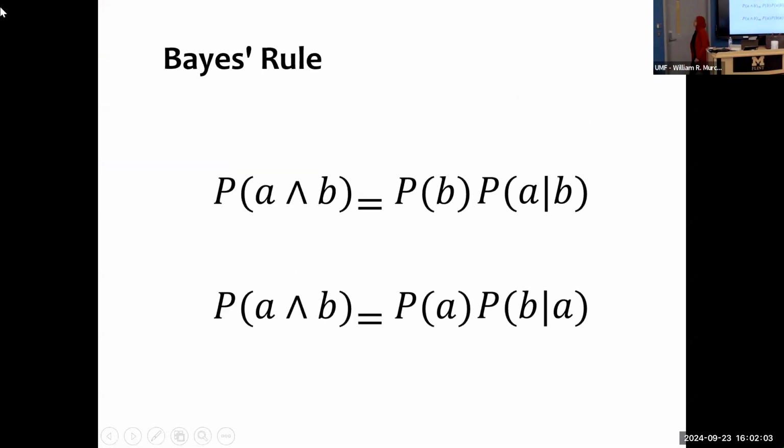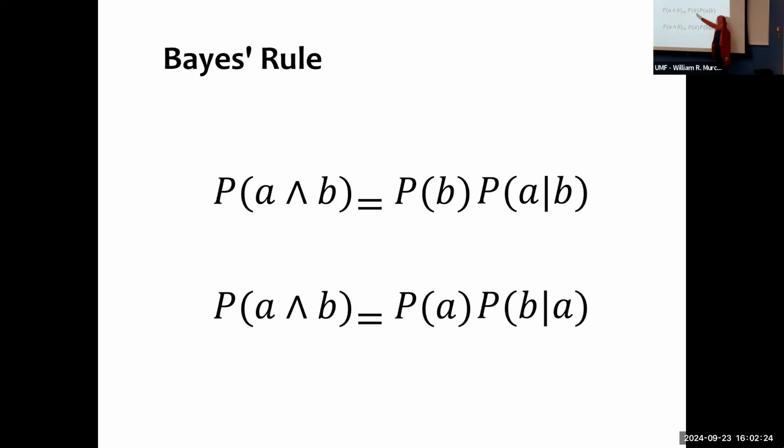This Bayes rule says that the probability of A and B is equal to the probability of B multiplied by the probability of A given B. And it's the same if we just switch the variables.